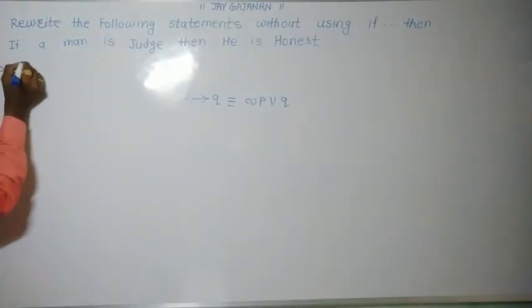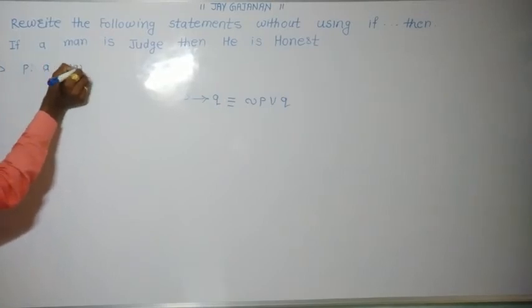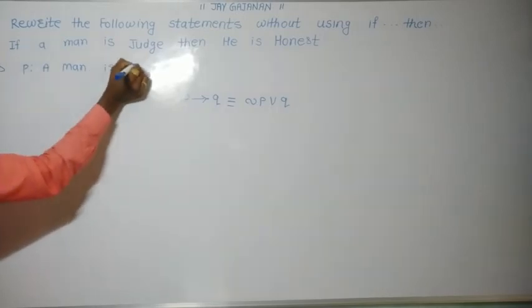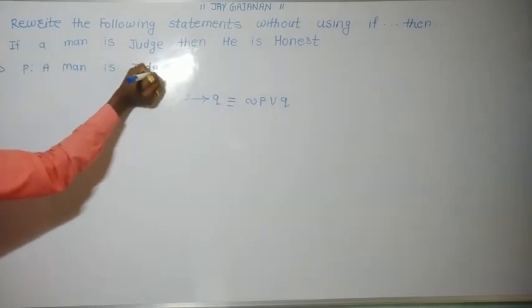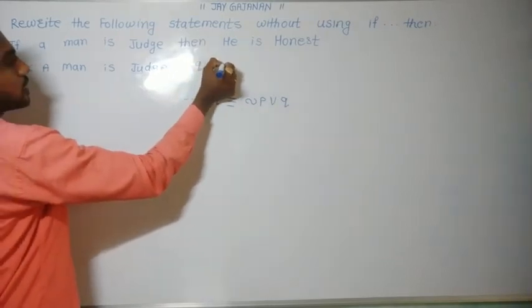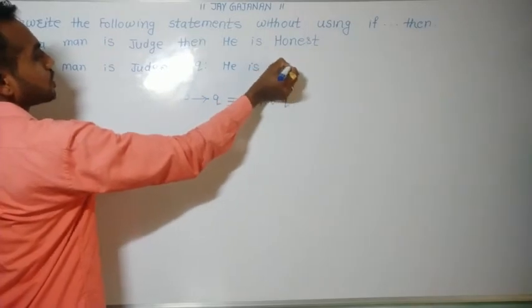Firstly, I consider the statement P is a man is a judge, and Q is he is honest.